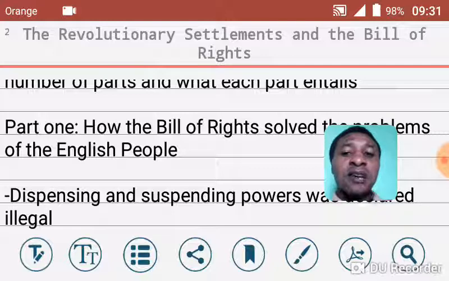Later on, he also suspended the laws of England, where he appointed Sir Edward Hayes, a Roman Catholic, as commissioner in the English army. This was a violation of the Test Act of 1673, which forbade Catholics from holding public office in England.